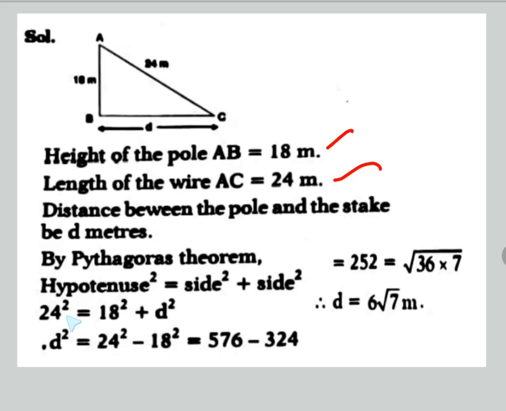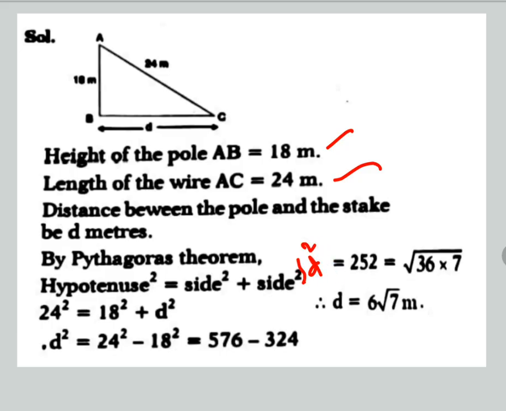Then 24 square is equal to 18 square plus D square. D square is equal to 24 square minus 18 square. 24 square is 576, 18 square is 324. Subtracting 576 minus 324, we get 252. D square is equal to 252.